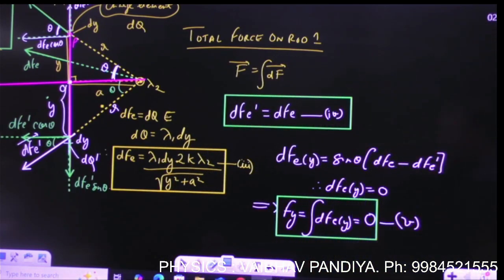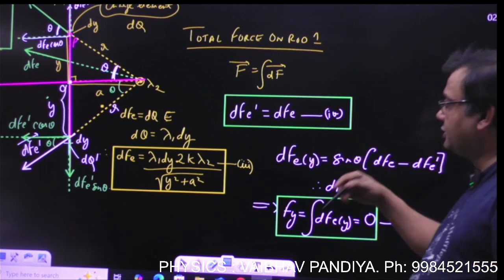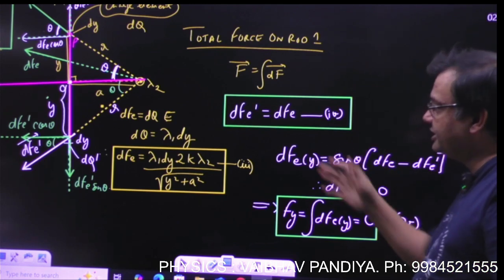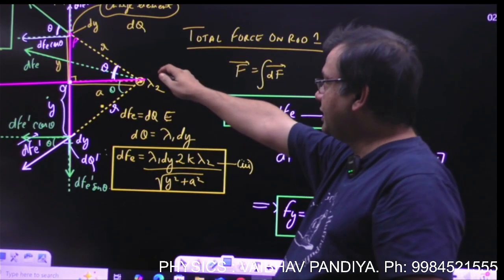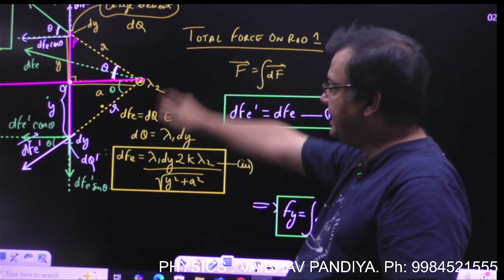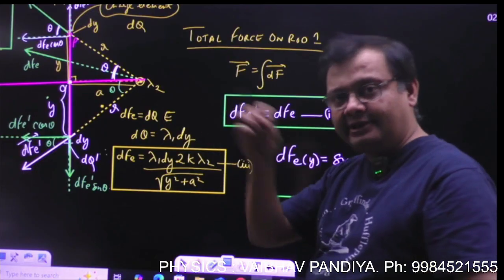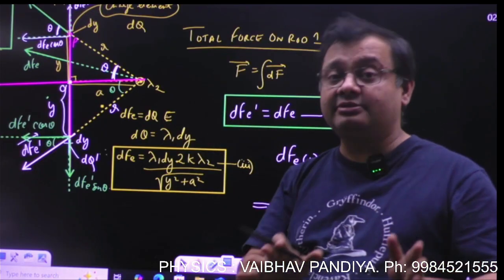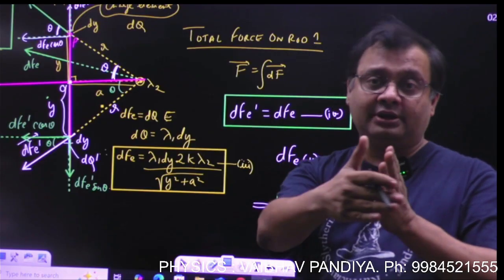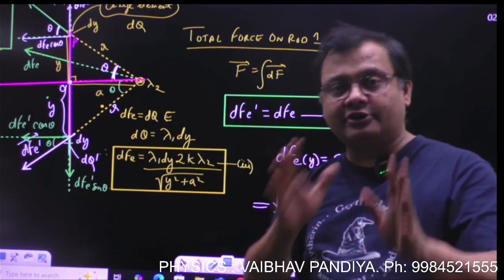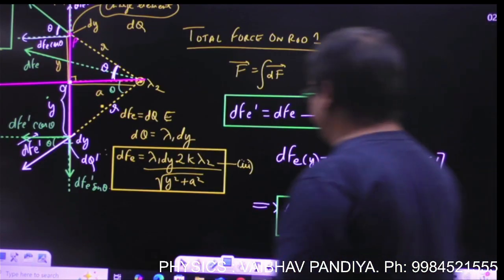Had you gone without symmetry, you would have integrated along the y axis by taking the component dE sin theta, and when you integrated for the whole line 1, it would itself come to be 0. The symmetry gives you a bypass road to save your time and save your steps for the integral on the y axis.